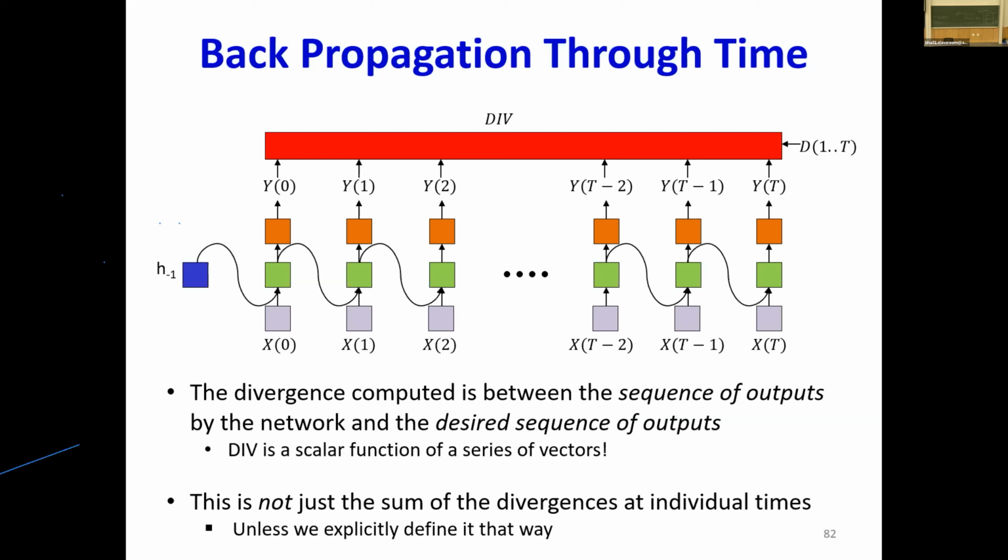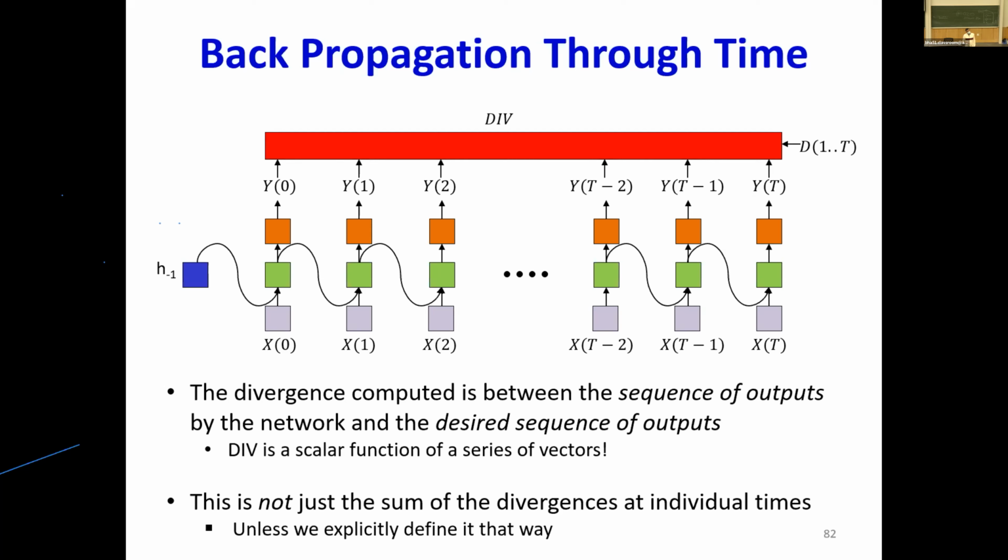It's analyzing a sequence of inputs and computing a sequence of outputs. So the actual divergence is going to be a function of two sequences. It is not necessarily just the sum of the divergences at individual time instances. And so we are going to be computing the derivative of this global divergence, which is the divergence between two sequences, and propagating that backwards.